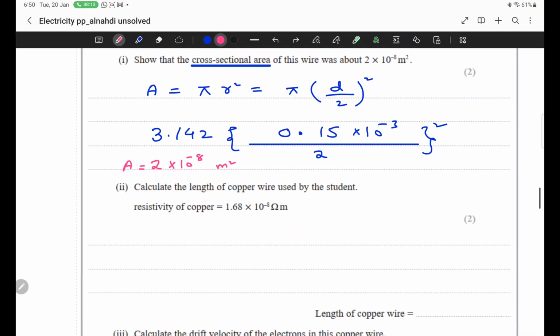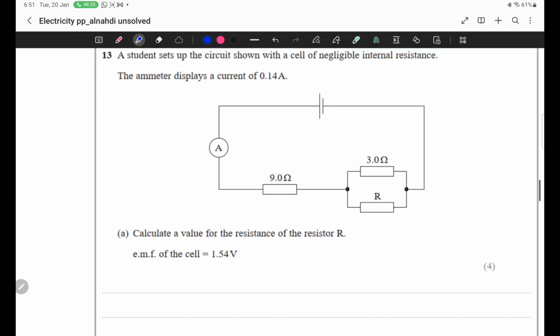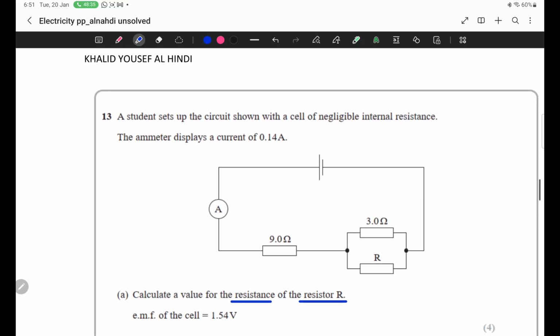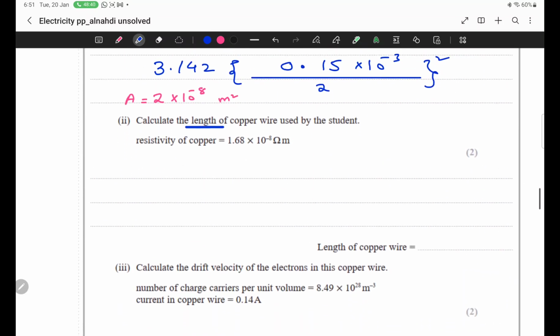Now the next question: calculate length. You are given resistivity as well. This is a part of the last question, in which they calculated resistance, which I have no idea about. If you are given resistance, then the formula is rho length over area.